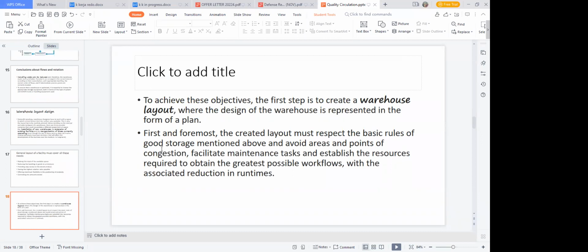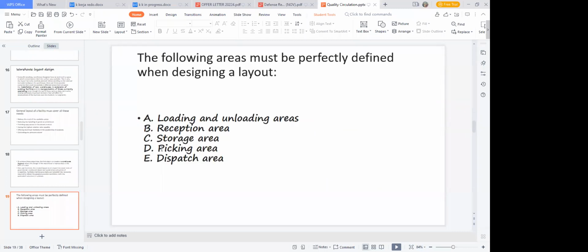All right, this is the same point, it's about the plan. The following areas must be perfectly defined when designing a layout: loading areas, reception areas, storage area, packing area, dispatch area. So we have to really determine these areas when we select our design layout for our warehouse.